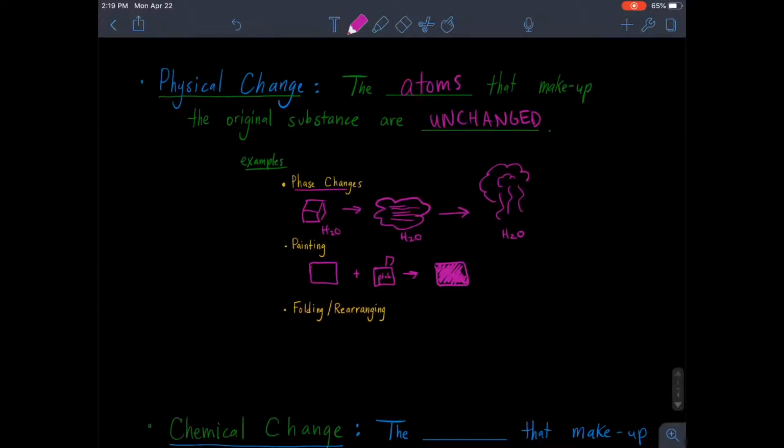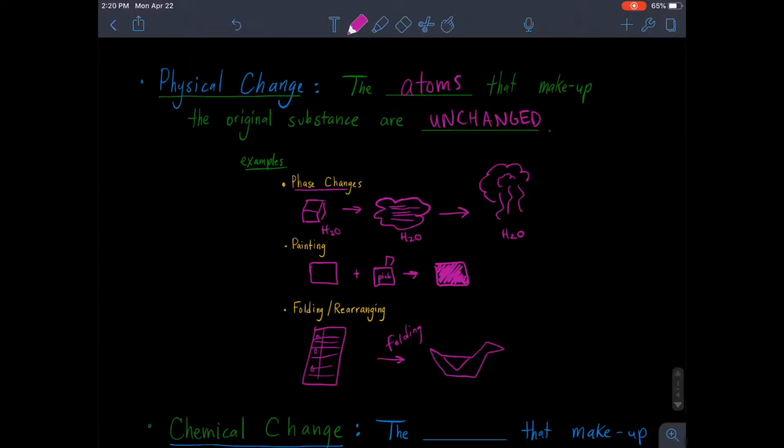And the last type of physical change is maybe you have some awesome piece of paper and you're like, yeah, I can make this paper turn into a dove. Now, if you make that paper turn into a dove by folding it through origami, that is a physical change because you're just changing the way that the paper looks.